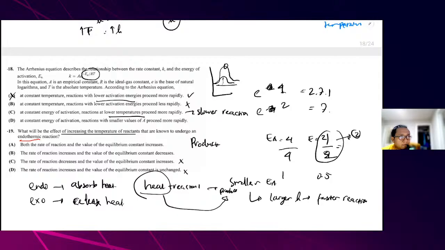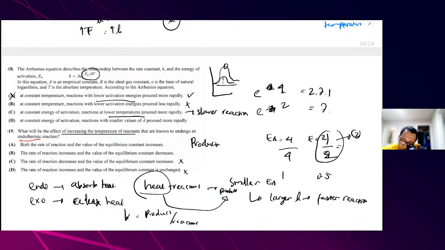And then how about the equilibrium constant? As you know, equilibrium constant K is product divided by reactant, right?